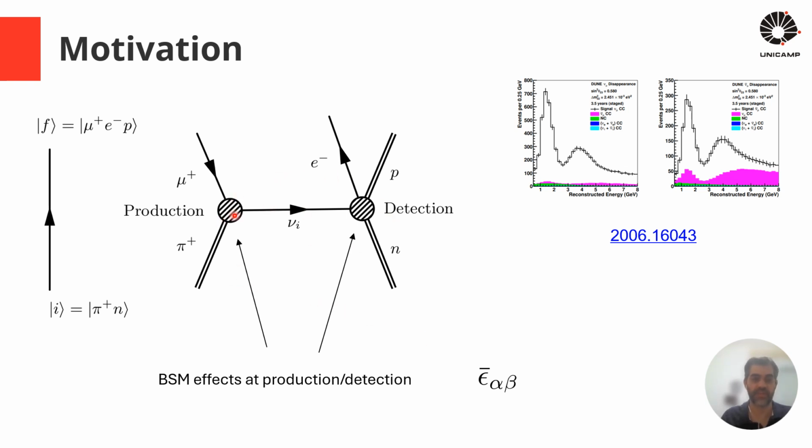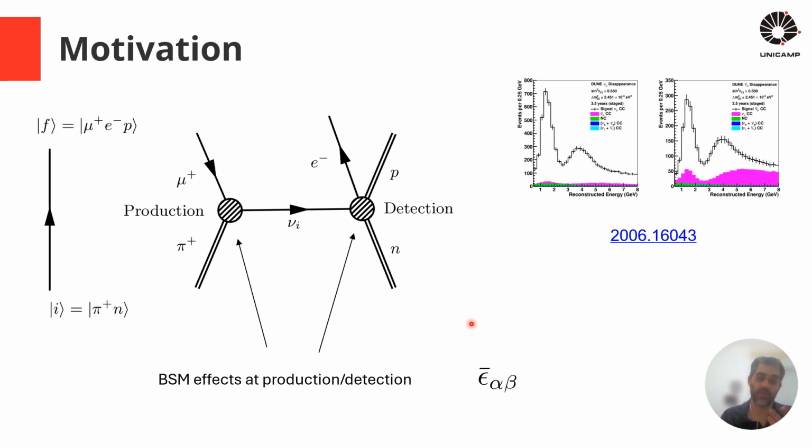You can modify something in the production of the neutrino by pion decay, or modify something in the detection, when the neutrino interacts with argon. If you modify any of these, you modify the neutrino event rate that you are going to see in the far detector.